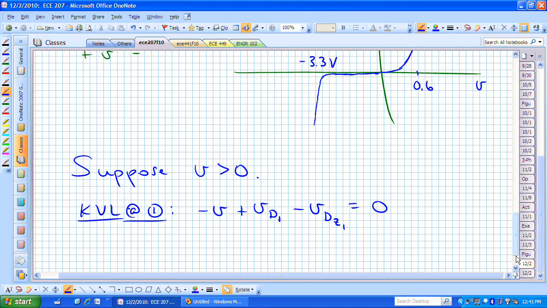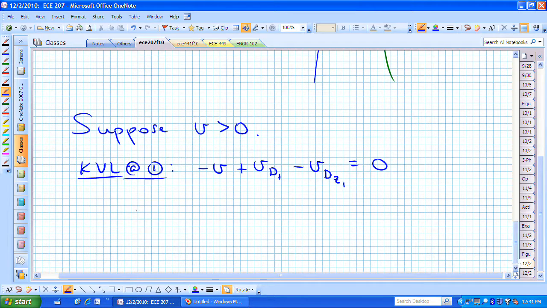Or we could solve that for the voltage V, and that's going to now be equal to V sub D sub 1 minus V sub D sub Z sub 1.